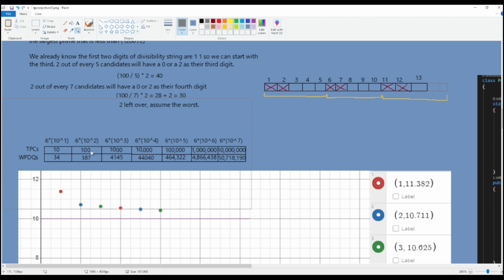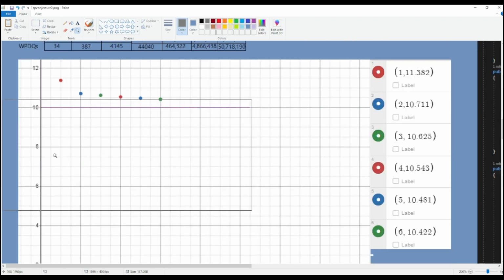So you'll notice that throughout this entire graph, the worst possible is always greater than the candidates, which isn't good for my argument, right? Well, how are they growing is the question now. Every time we bump up the exponent by 1, we get 10 times as many candidates. So in this graph below, you can see this purple line at 10.